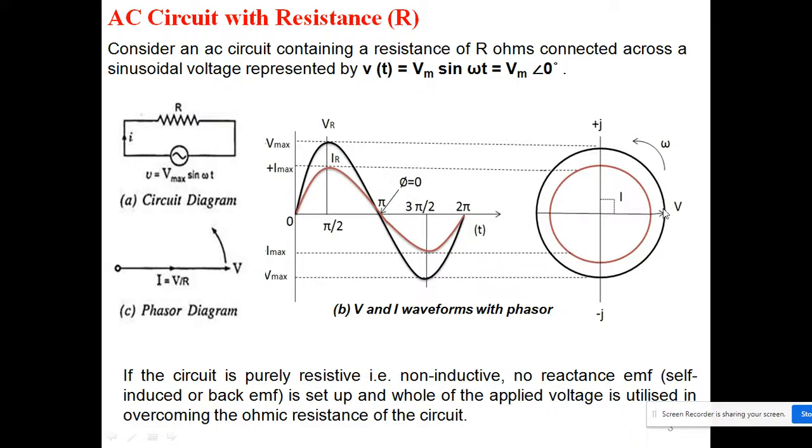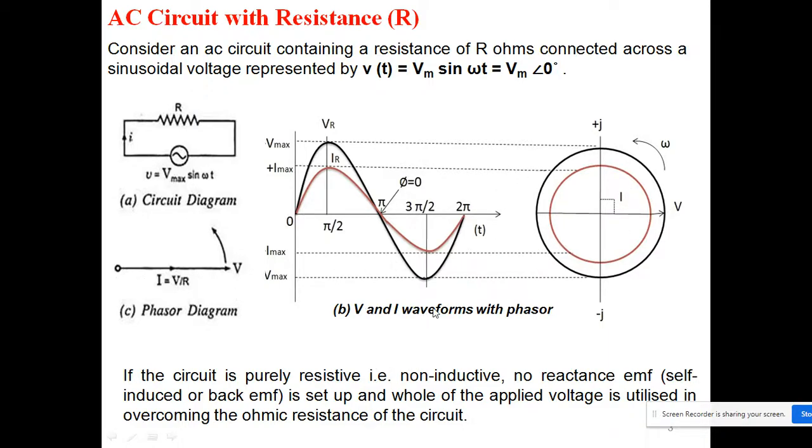If you see the phasor diagram, in this condition both are the same. Taking a point here, the theta angle is the same. Everywhere both quantities are in phase. You can see clearly that the maximum of voltage and the maximum of current coincide, so everywhere the phase is the same.